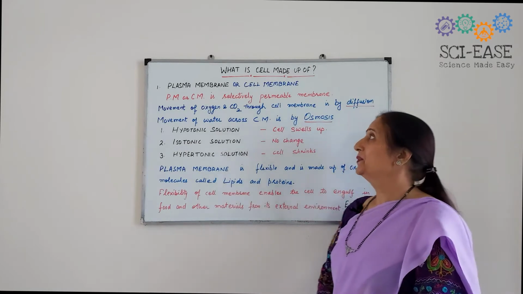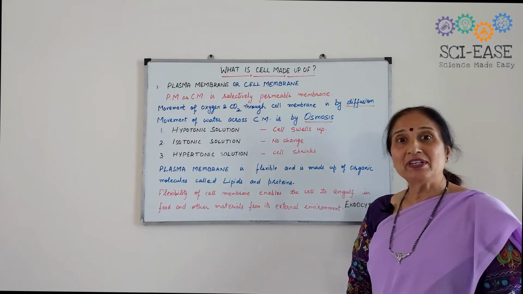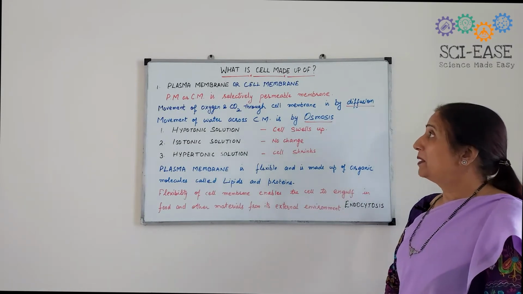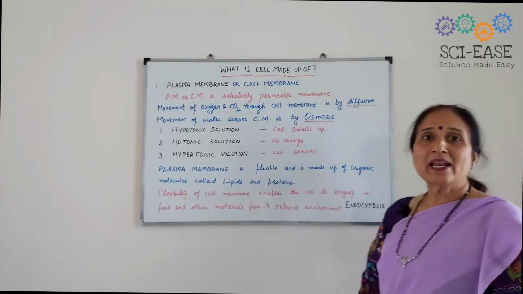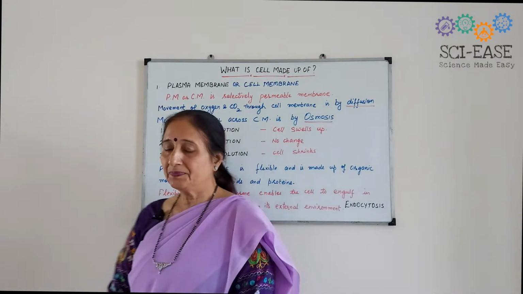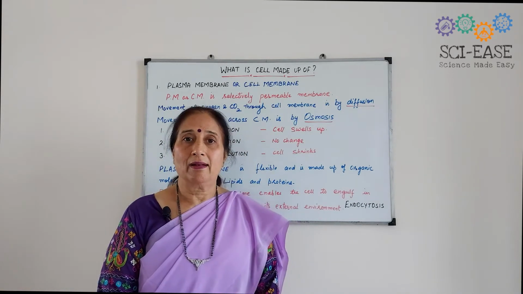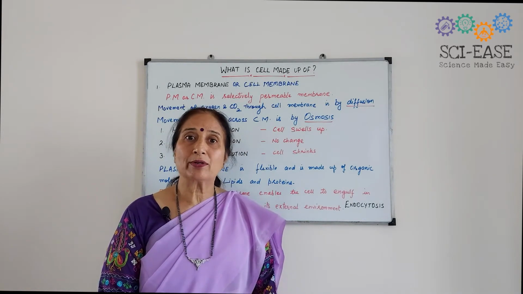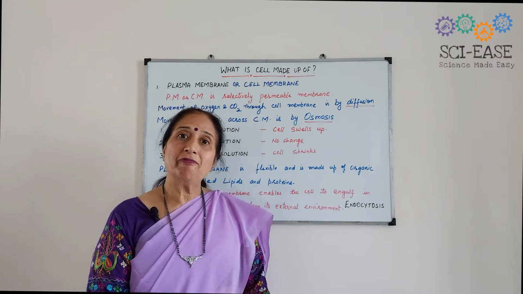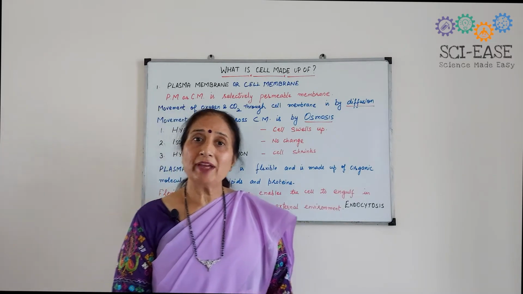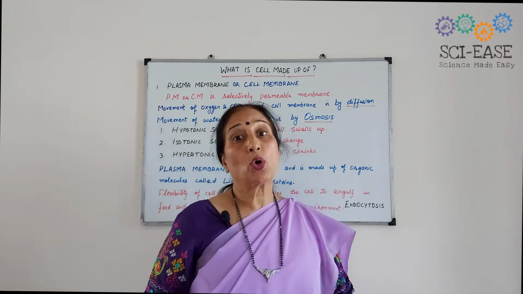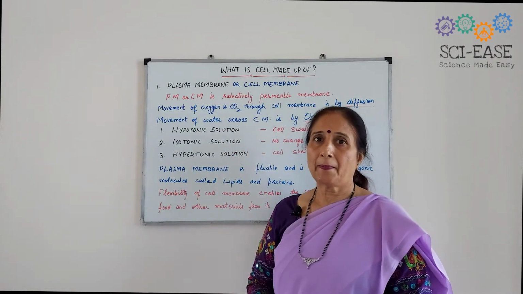In this video, I will tell you about what a cell is made up of. If we observe a cell under the electron microscope, we will find three features in almost all types of cells.